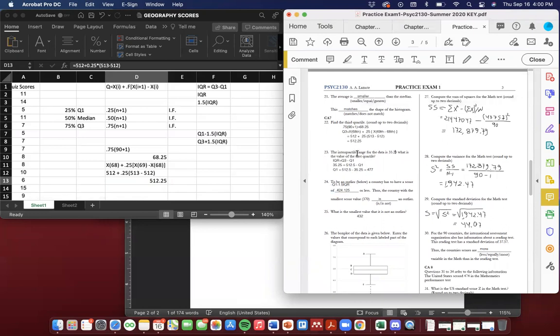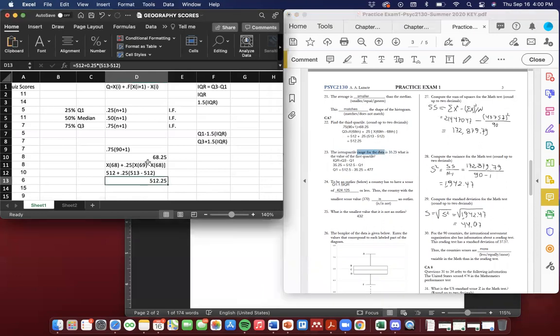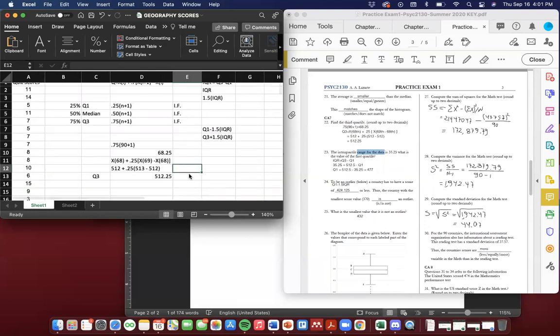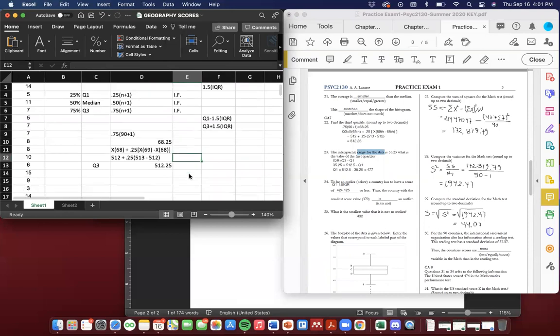So now it asks for interquartile range. So interquartile range right here is Q3 minus Q1. So we got Q3, but we don't have Q1. So I'm just going to do that exact same thing to find Q1. So now start again.